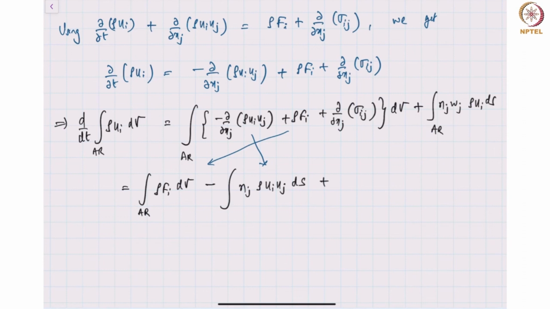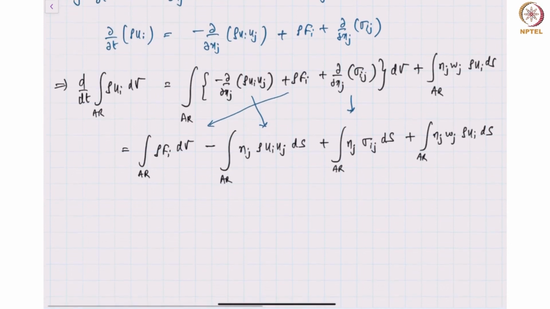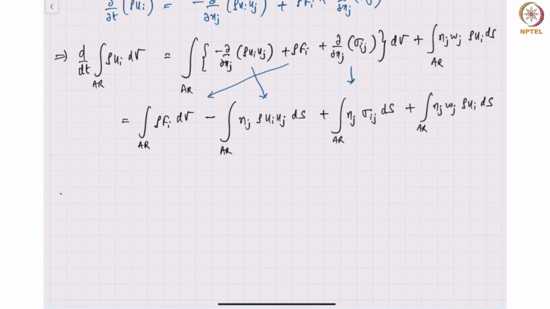Then I have, again I've used the divergence theorem. And then momentum flux at the boundary. Okay, so now I can combine all of them and come up with a single equation.